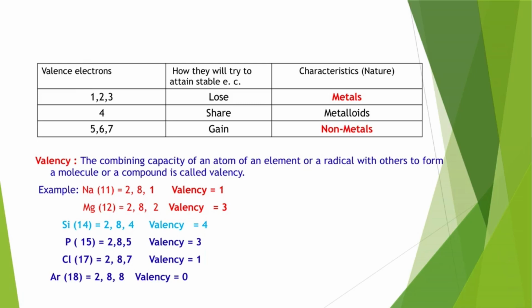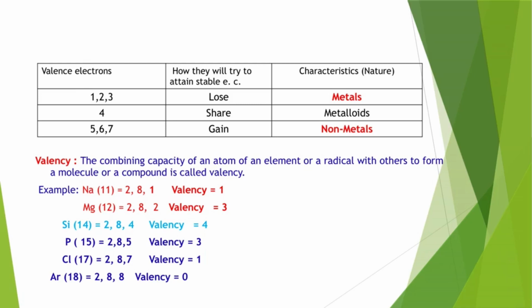Is it clear? Okay. Now, look at the definition of valency. Those elements which are not stable try to get a stable electronic configuration by gaining or by losing electrons. They have a capacity to combine, an intensity to be stable.